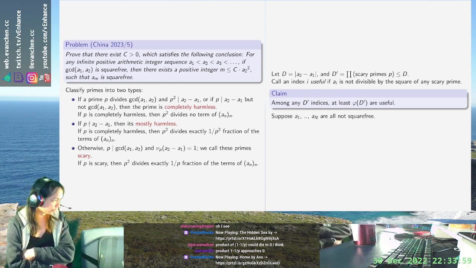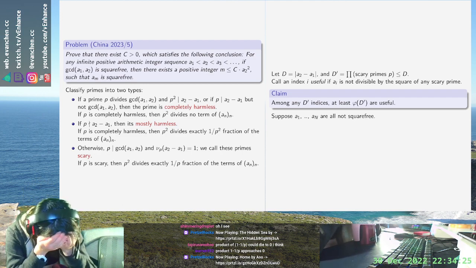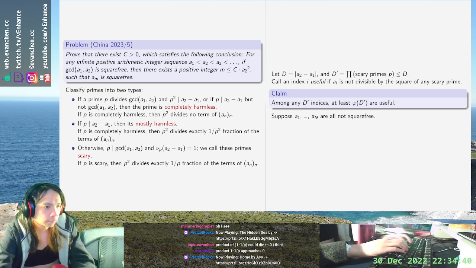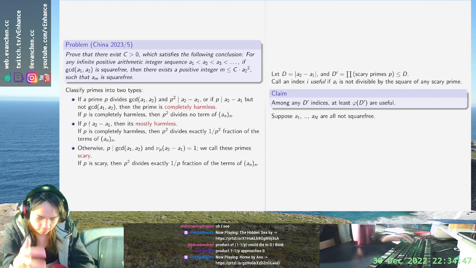I have the subset of useful indices and they're periodic modulo d prime. The set of useful indices cycles modulo d prime.